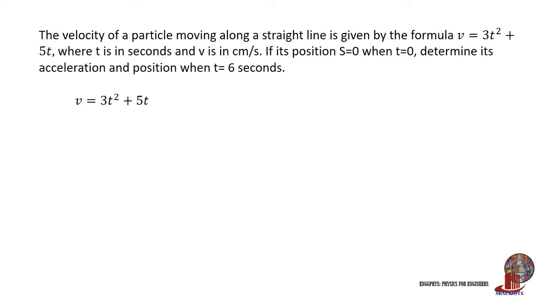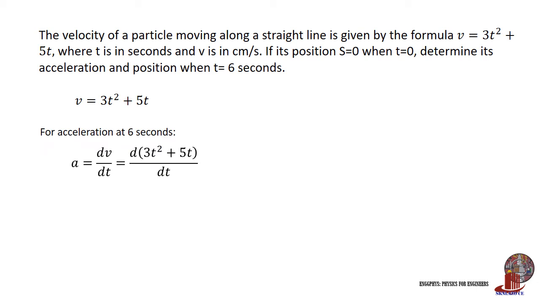The only given is the velocity expression, which is v is equal to 3t squared plus 5t, but it requires acceleration and position at a given time. So, in order to transform the given equation to the required, we are going to differentiate velocity to turn it into acceleration. Thus, for acceleration at 6 seconds, we would have a is equal to dv over dt, or that would be the differential of 3t squared plus 5t over dt.